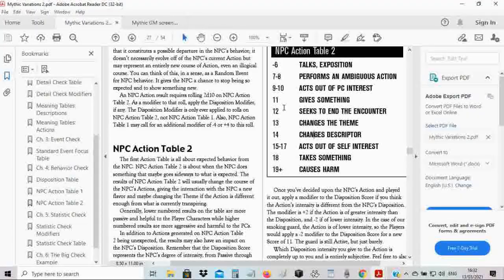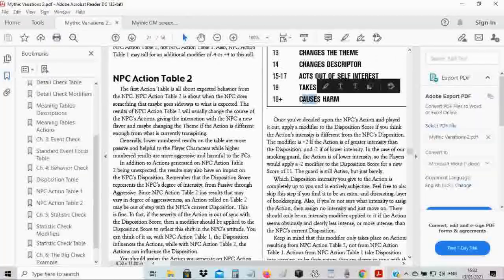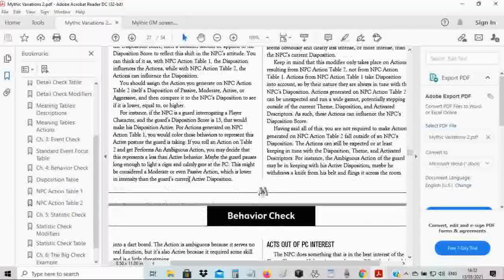And our Van Helsing character is hunting that vampire. See? Acts out of self-interest. He does something that's good for him. Causes harm. Maybe he thinks we, the heroes, are with the vampire and attacks us instead.